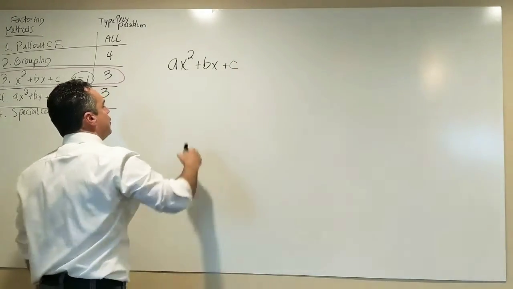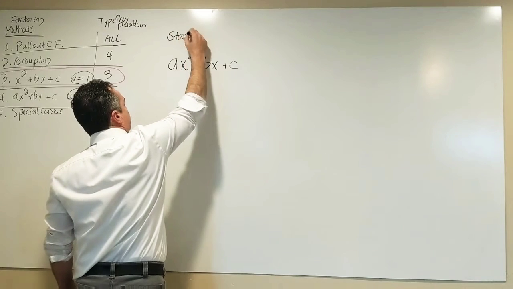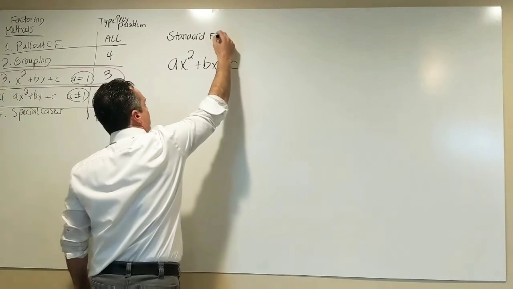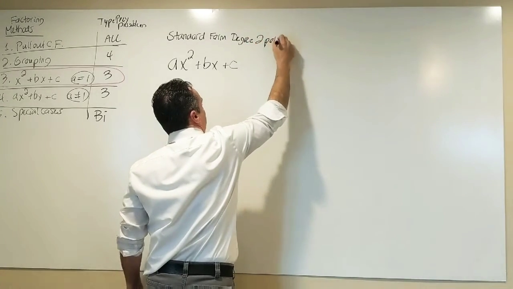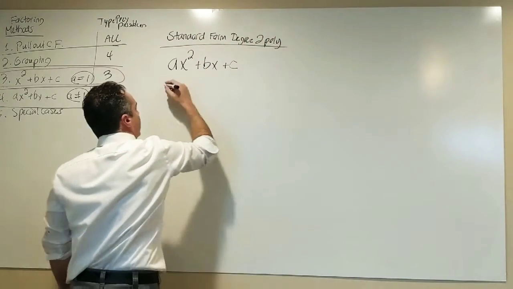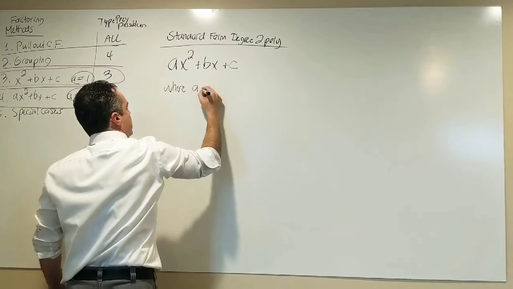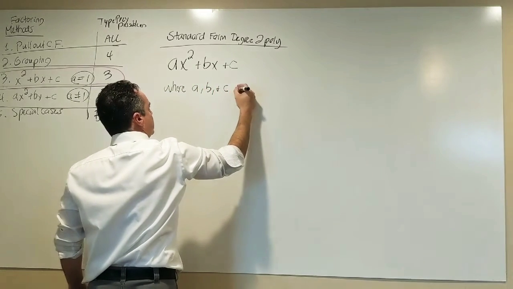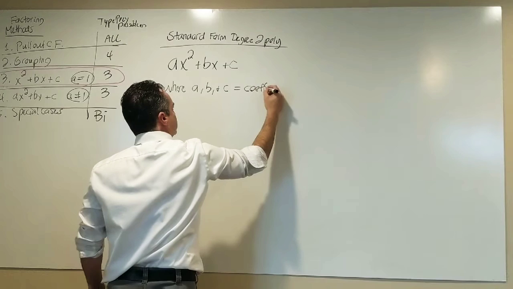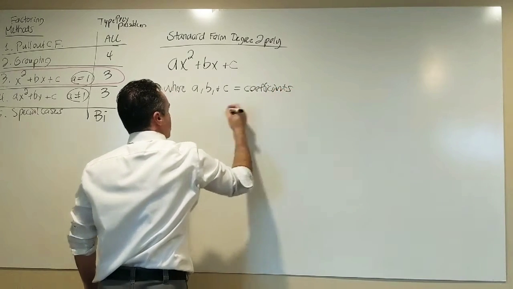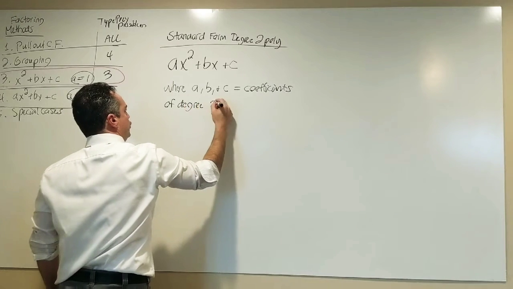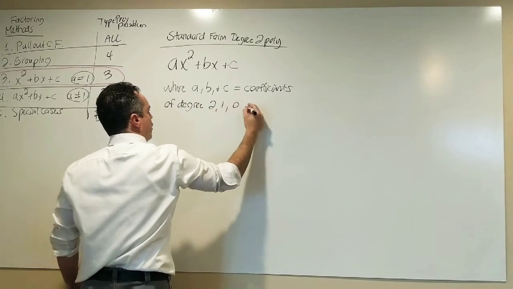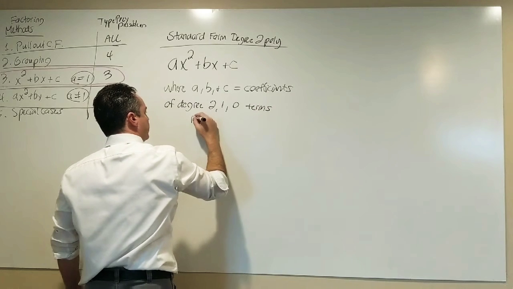This is what we call the standard form of a degree 2 polynomial, where a, b, and c equal the coefficients of the degree 2, 1, and 0 terms, respectively.